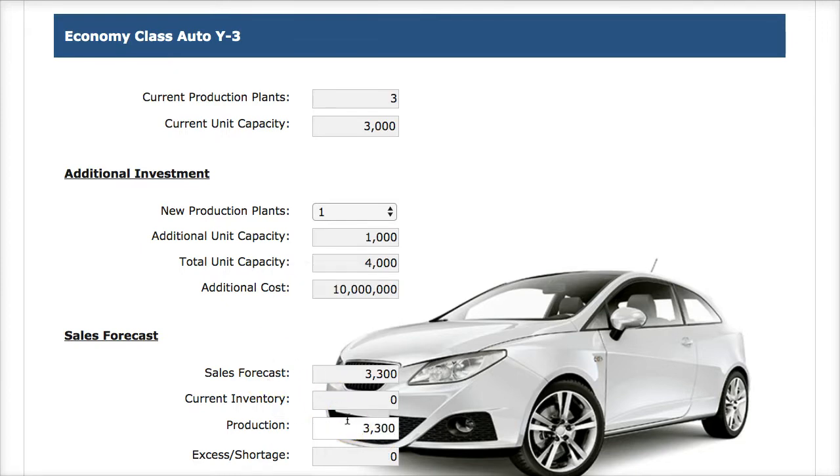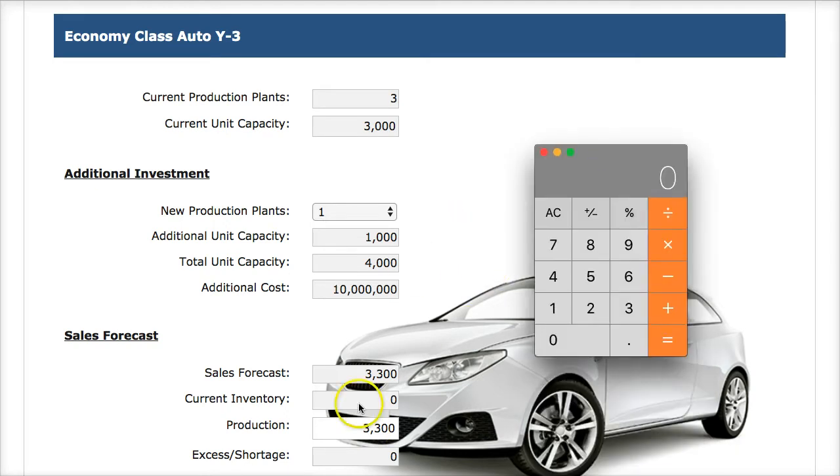And because my profit margins are good for economy, I'm going to buy the extra plant. So if I look at my capacity utilization here, and I take my current production and I divide that by my plant capacity, I get 82%.